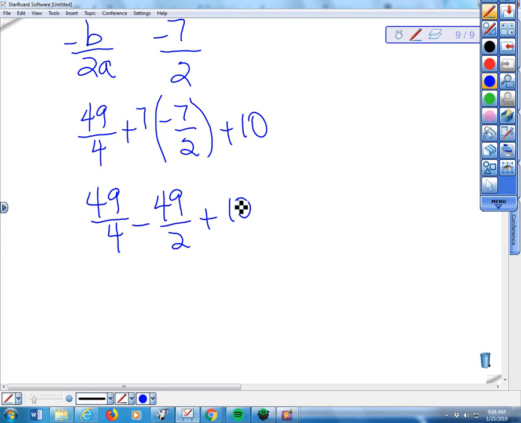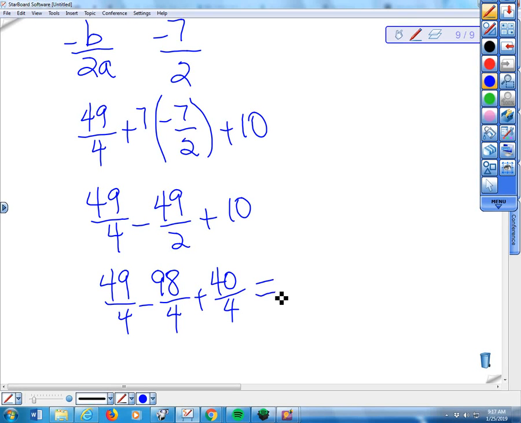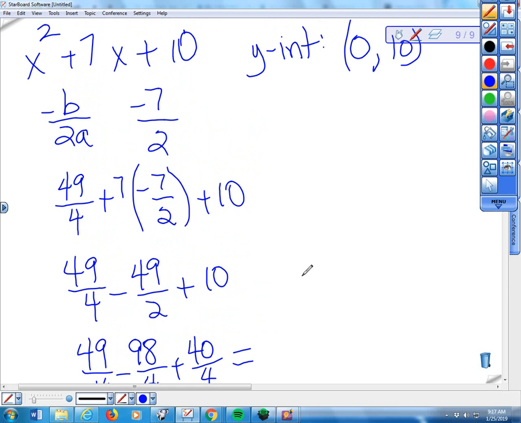Get a common denominator of 4: minus 98 fourths plus 40 fourths. 49 minus 98 is negative 49, plus 40 is negative 9 fourths. Did you just square to get 49 fourths? Mm-hmm, because I just plugged it into the equation. Oh, okay. Plug it in for x, solve for y.